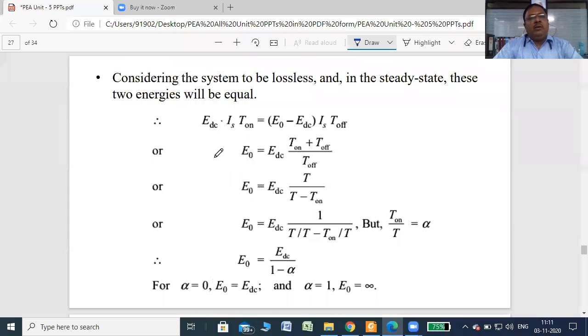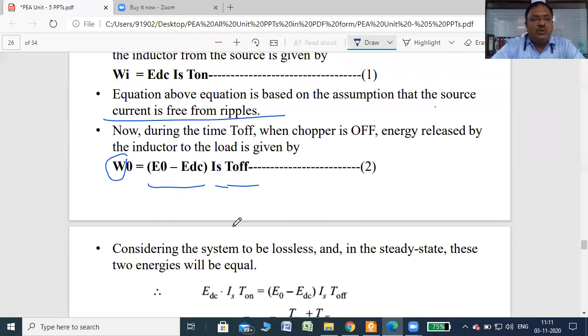Now, considering the system to be lossless, we consider that the inductor is of very high value, there is no ripple voltage, and it is a steady state. These two energies will be equal, so Wi is equal to W0.